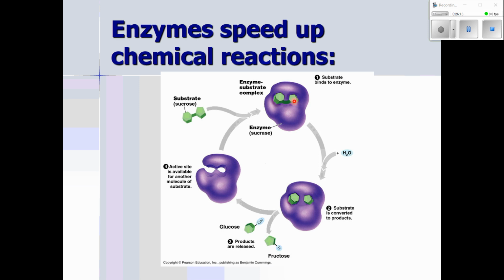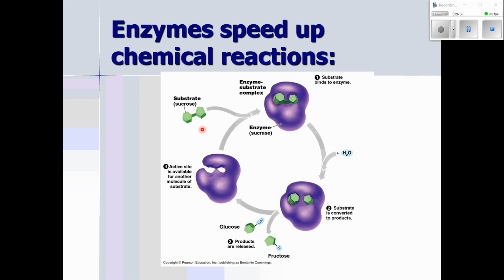Now, the reason it's a perfect fit is because the substrate in this particular case is sucrose. This is a glucose that has been bonded to a fructose. So this is a disaccharide. Remember, sucrose is just a molecule of regular table sugar.